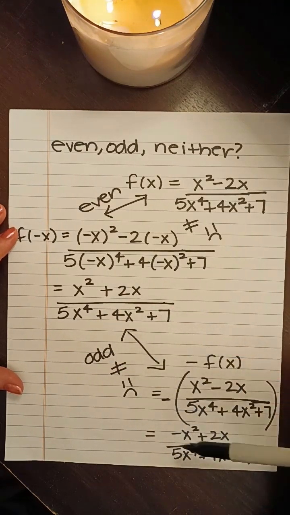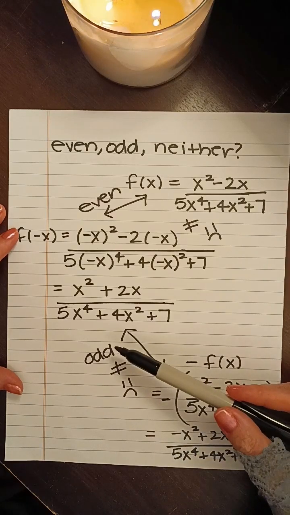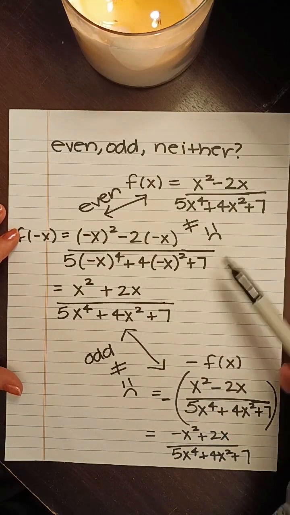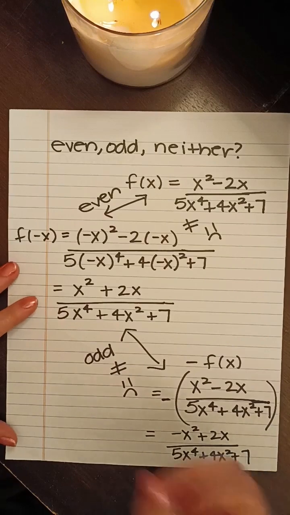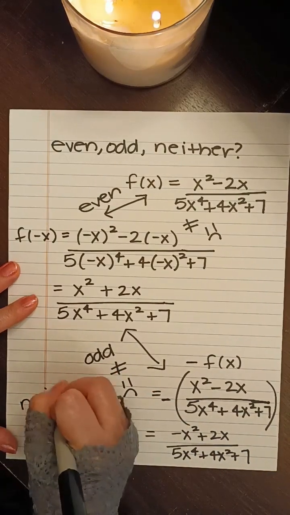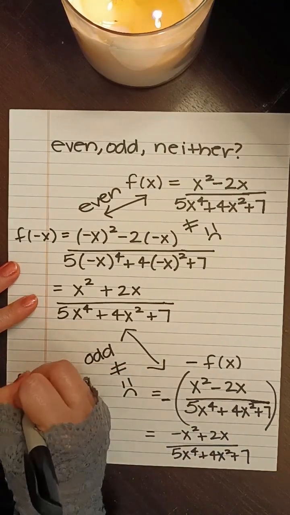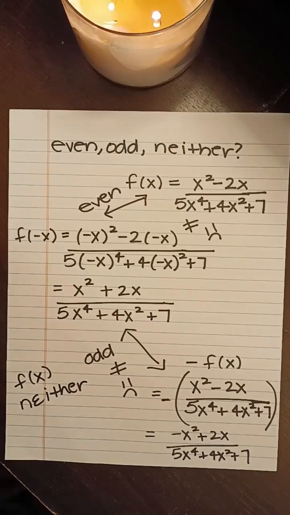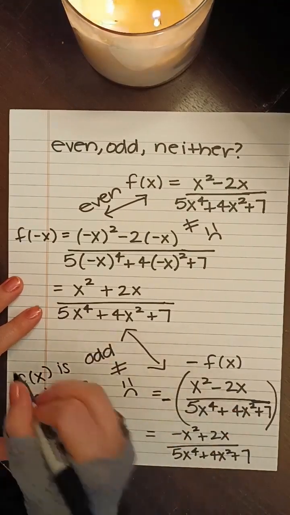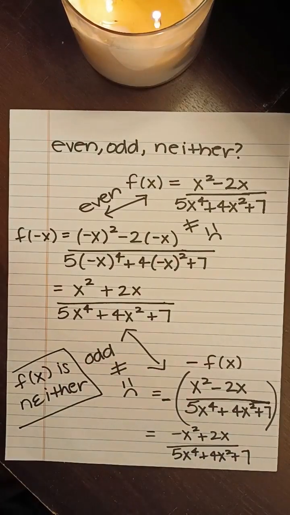So since this result's not the same as this, then it's not odd. So it's not even, it's not odd. So f of x is neither, right? It's neither even or odd.